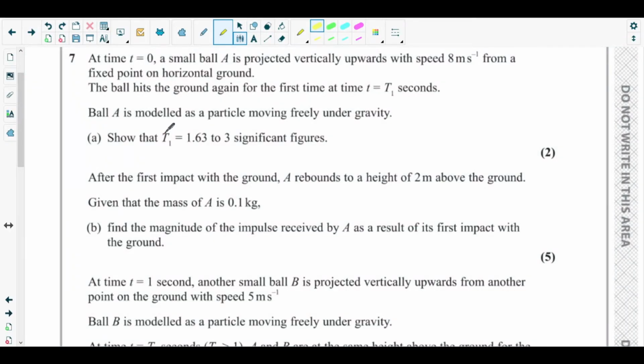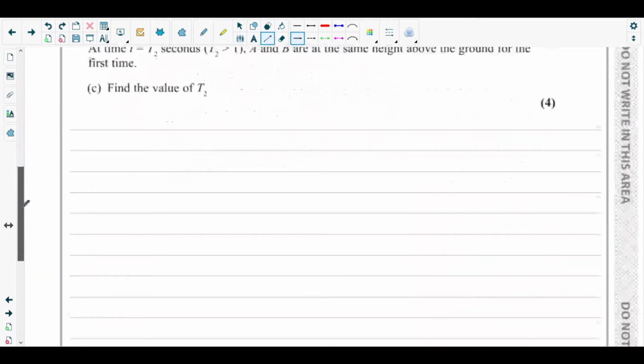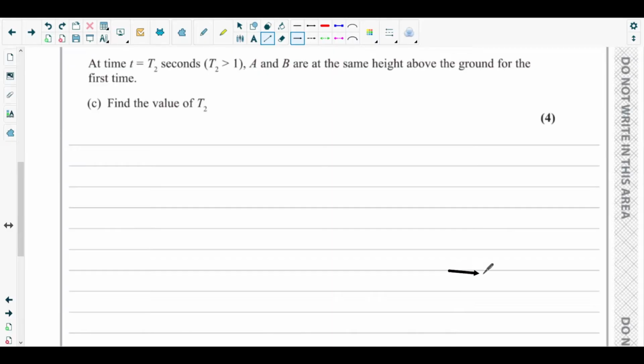At time t equals 0, a small ball A is projected vertically upwards with speed 8 meters per second from a fixed point on a horizontal ground. So this is basically projectile motion. The ball hits the ground again for the first time at time t equals t1 seconds. So the small ball has been projected from the ground in the upward direction.